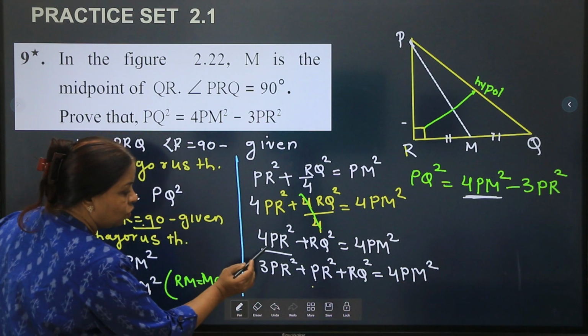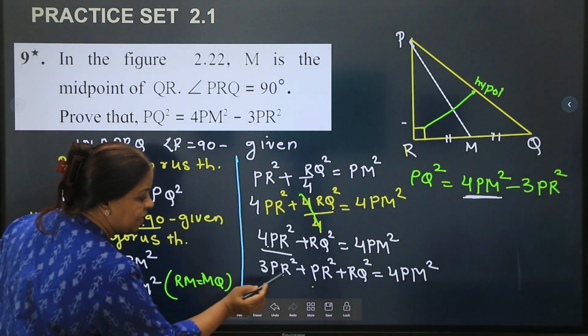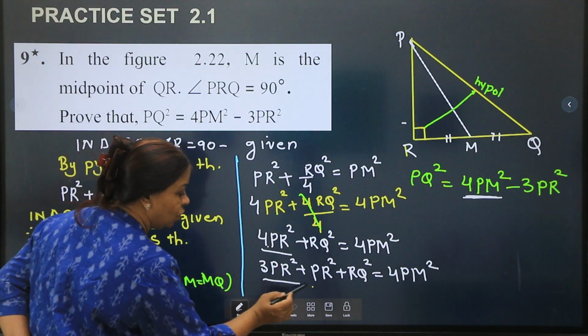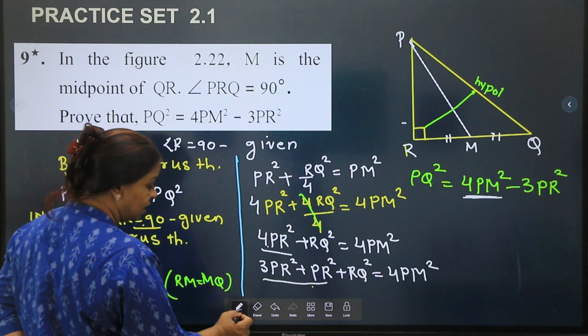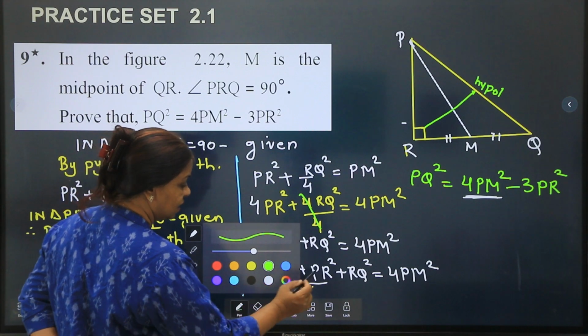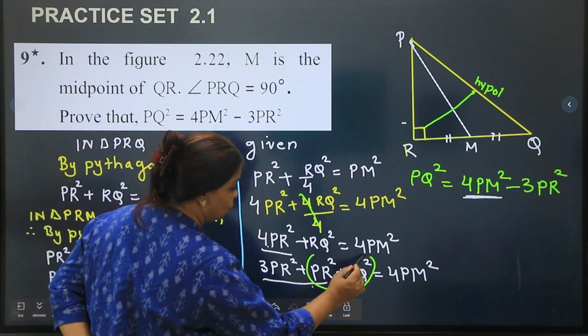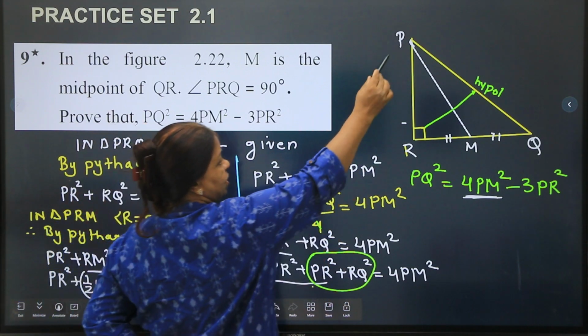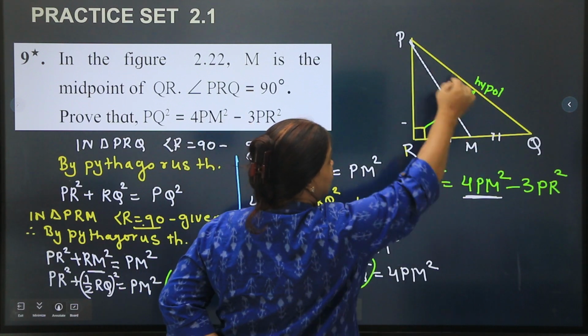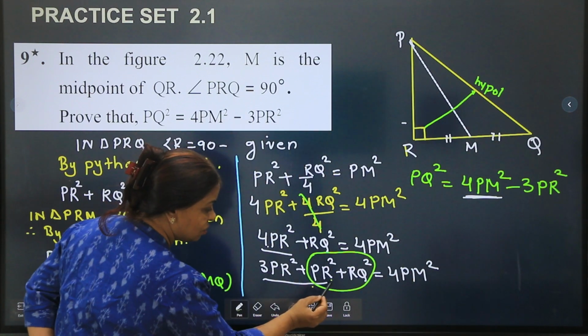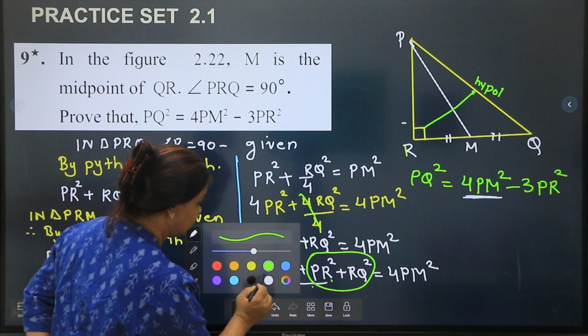See, 4 times PR square was there, I wrote 3 PR square and 1 PR square, that is equal to 4 PR square. And here, PR square plus RQ square is what? PQ square. So in place of this I can write PQ square.